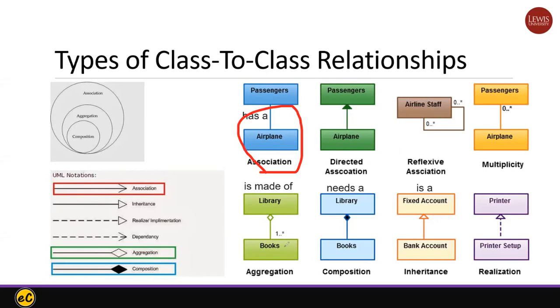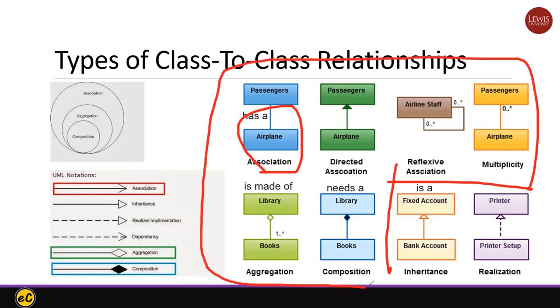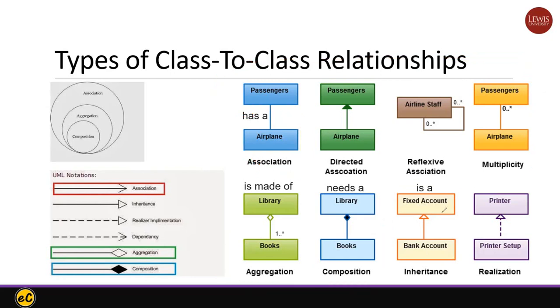Library has book, is made of books. So this one is also a has-a relationship. Library has book, so this whole thing is actually a has-a relationship. Bank account is one kind of fixed account.